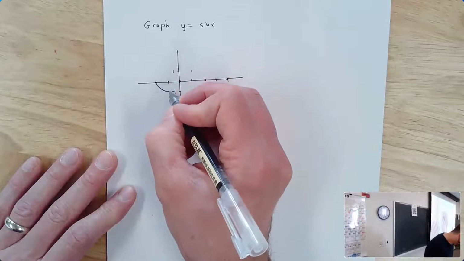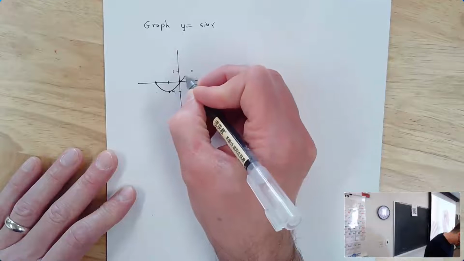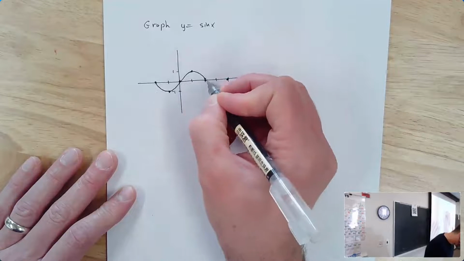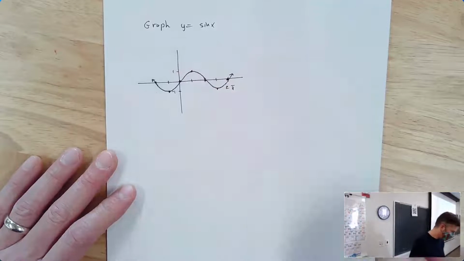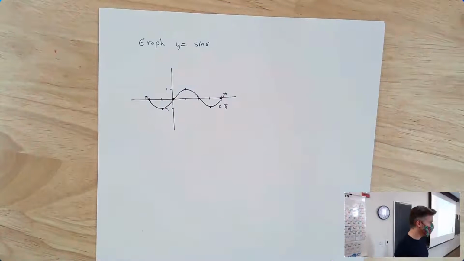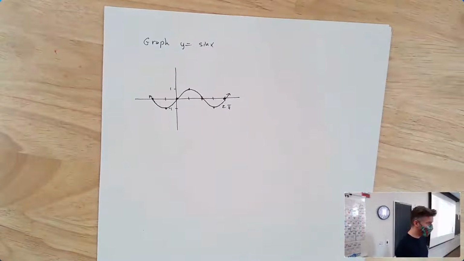So here's my sine function, and it continues on. Great. So I think you all can tell if I switch x and y, I'm definitely going to fail the vertical line test. Hardcore. But let's graph it anyway.